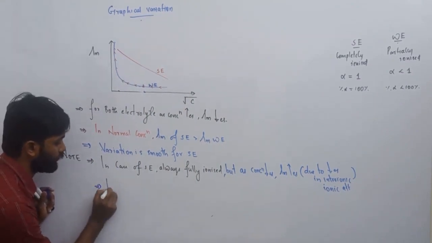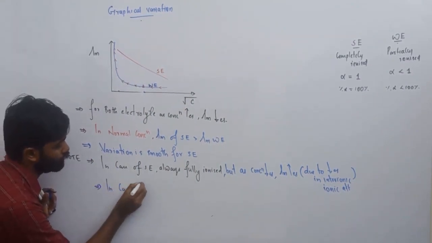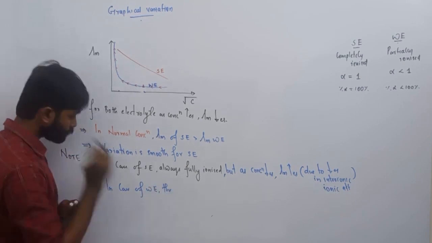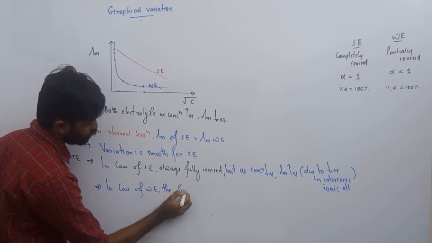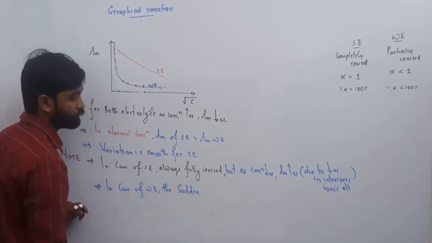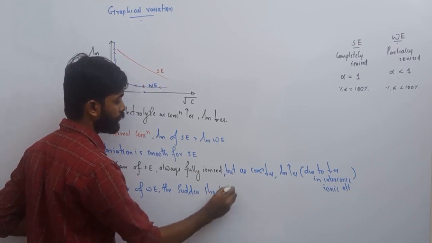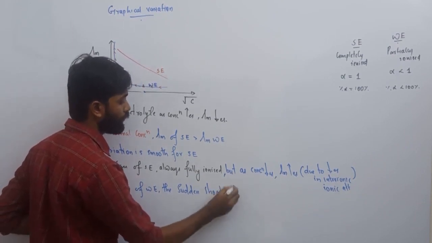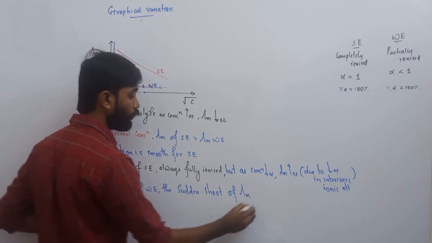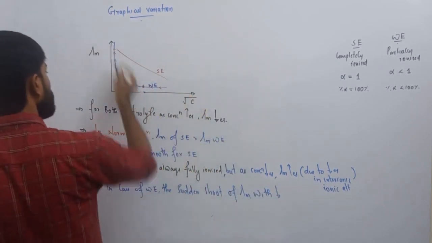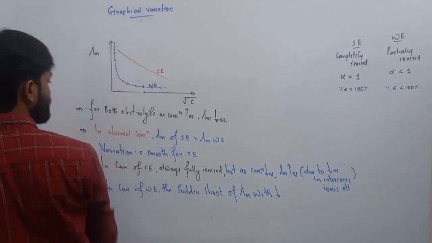But in the case of a weak electrolyte, there is a sudden shoot up of lambda m as we decrease the concentration.